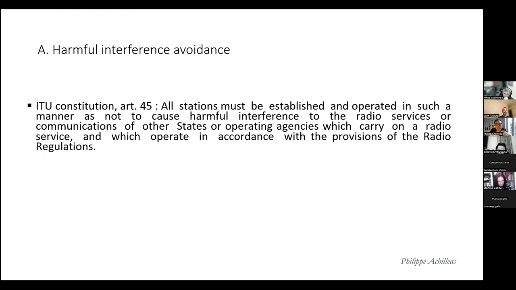Because two frequencies are used in a bad manner, you cannot communicate. You block the communication between stations. So the ITU Constitution asks states to avoid harmful interferences when they operate radio stations.